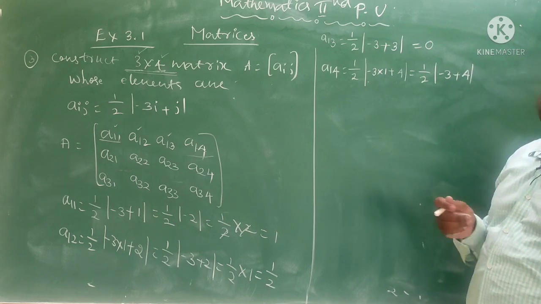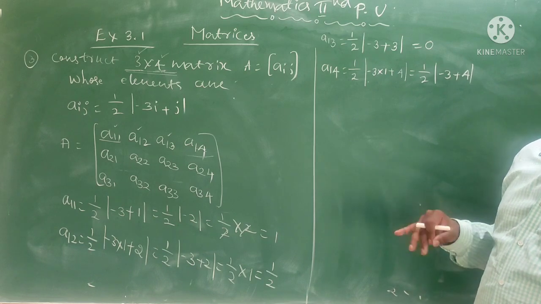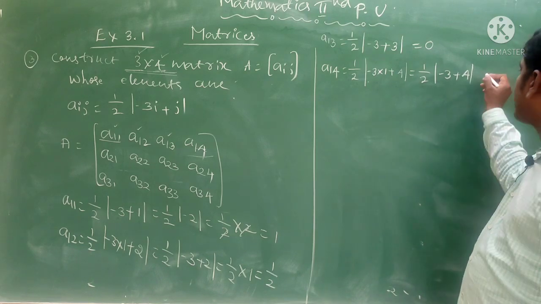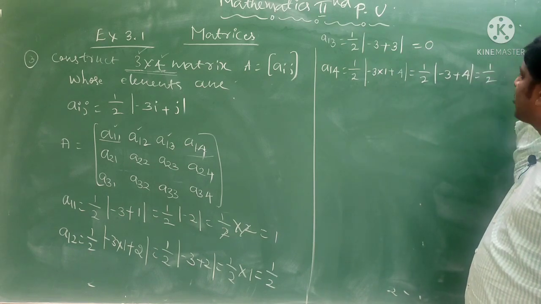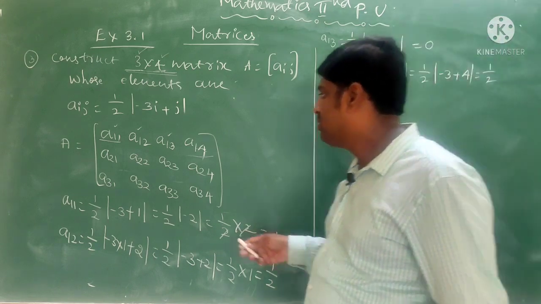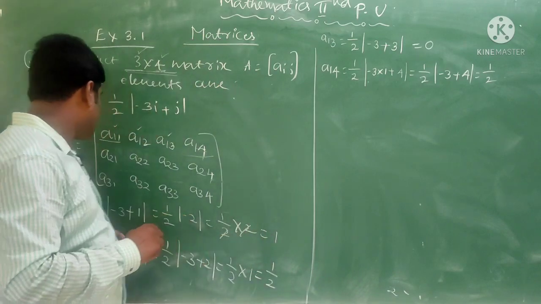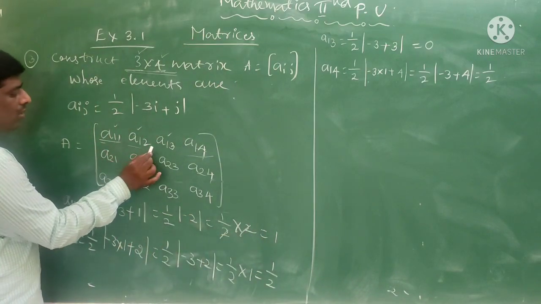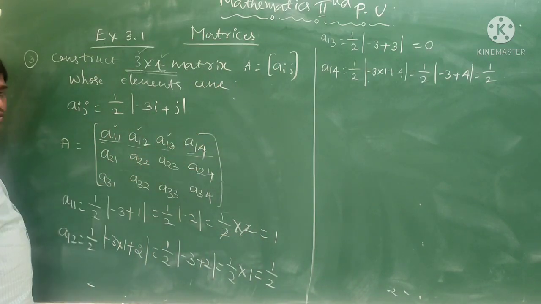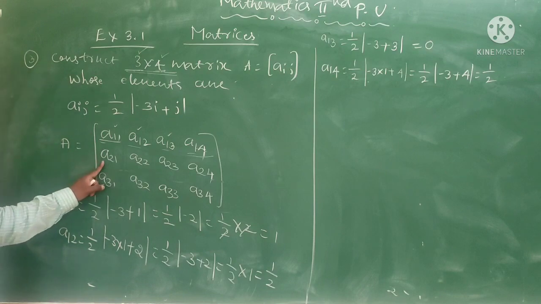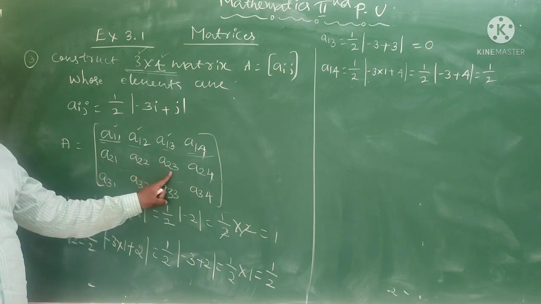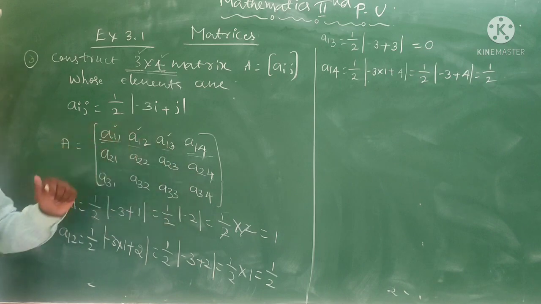Minus 3 plus 4 is plus 1. Modulus of plus 1 is 1, that is 1 by 2. Okay. Next, now come to second row. So we got A11, A12, A13, A14. Now I want to find A21, A22, A23, A24, the remaining elements.